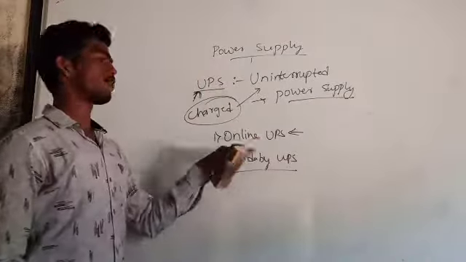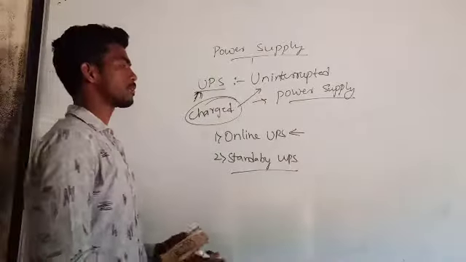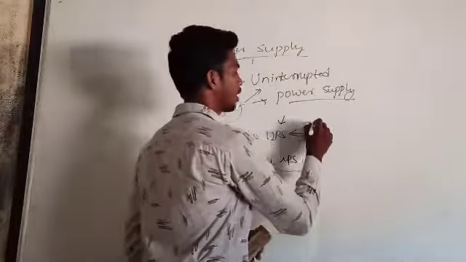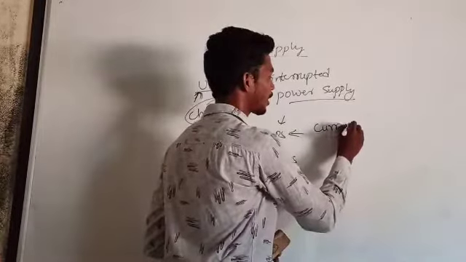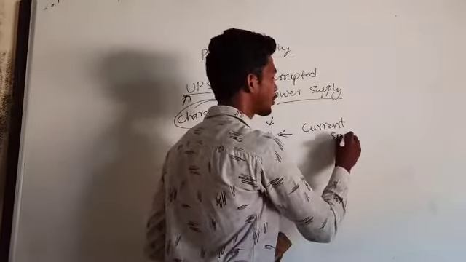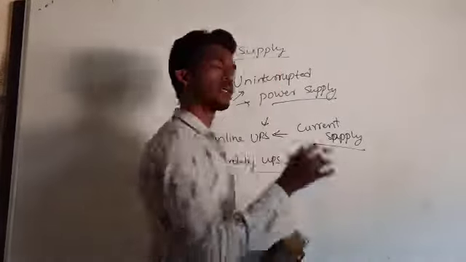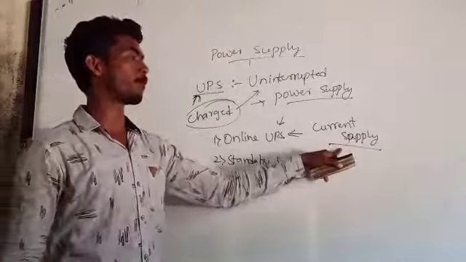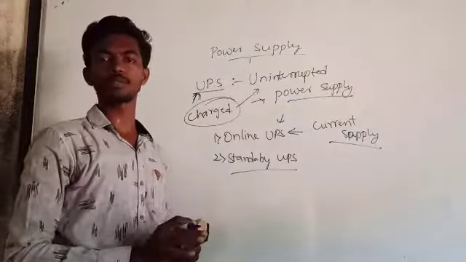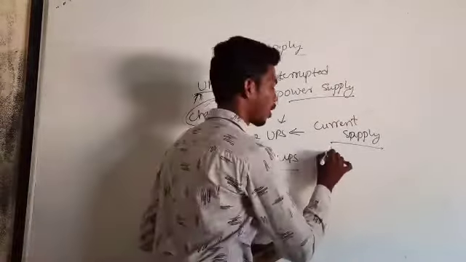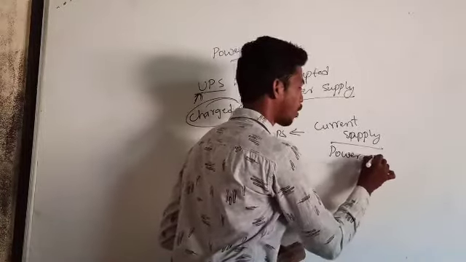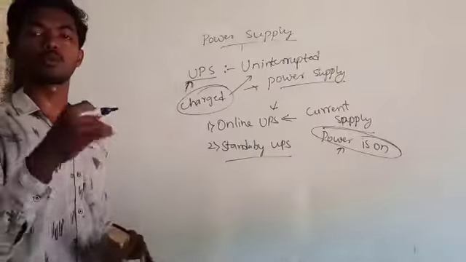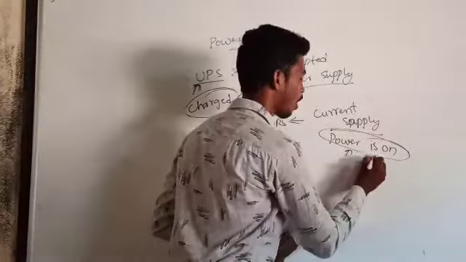The online UPS provides a continuous electrical supply to your computer even when the power is on, and it will not let your computer go off if the power goes off.